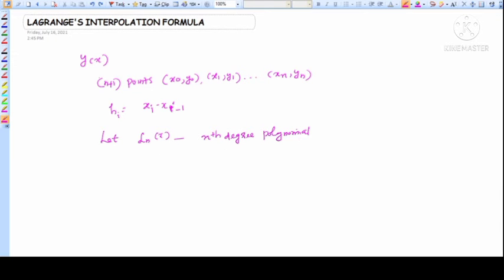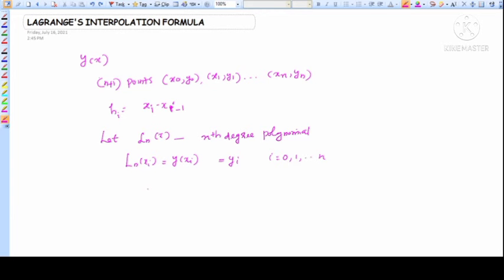So let Ln of xi be such that Ln of xi is equal to y of xi, which we can write as yi, where i is equal to 0, 1 up to n. Before deriving the general formula, we first consider a simpler case, an equation of a straight line passing through 2 points x0, y0 and x1, y1.